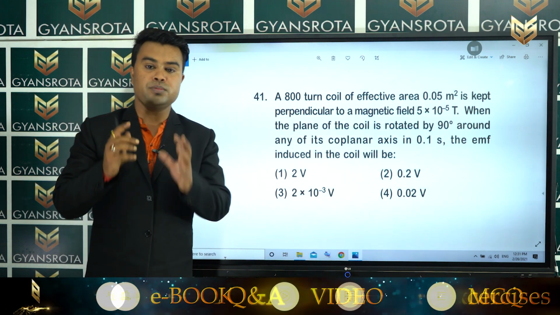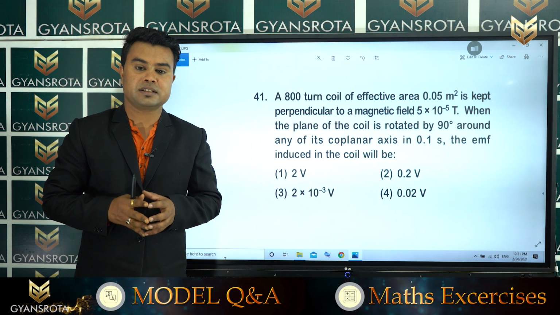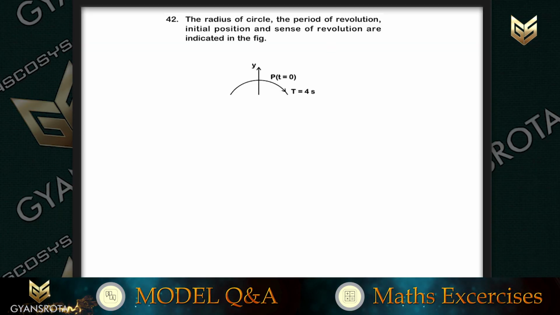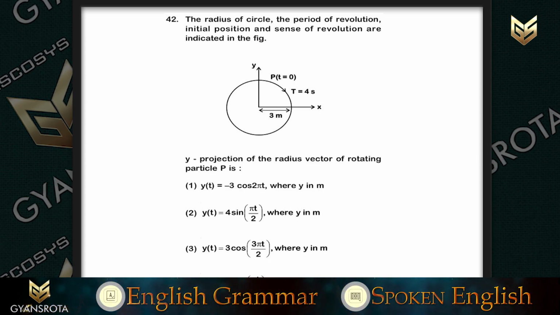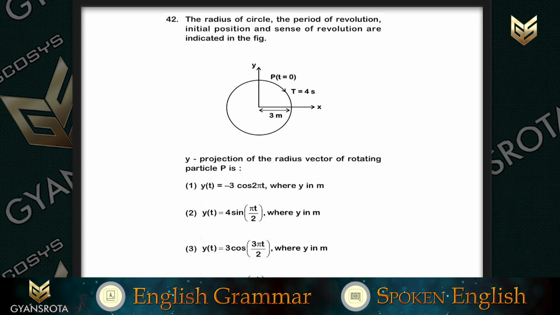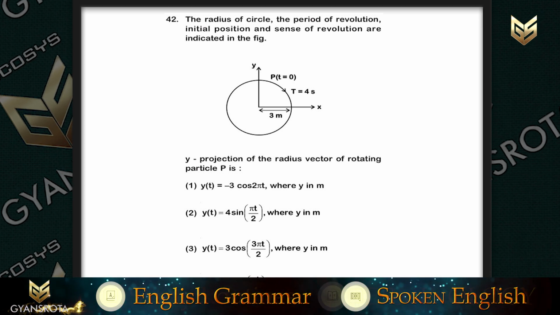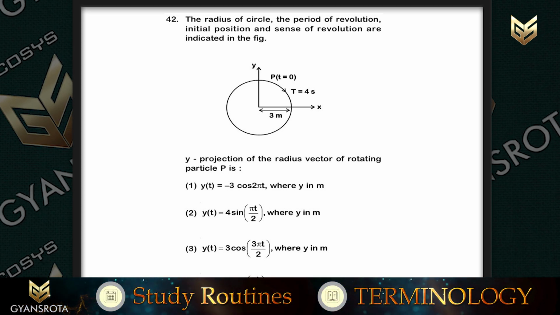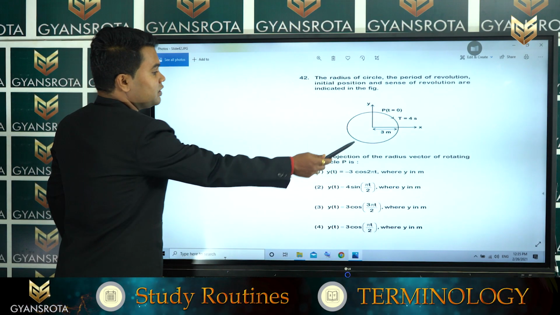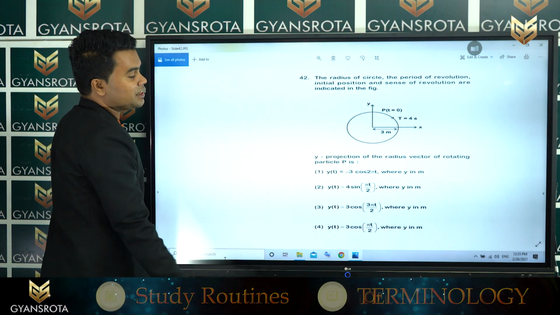Now let us move to the next question, that is question number 42. Question number 42 says that the radius of the circle, the period of revolution, initial position and sense of revolution are indicated in the figure. You need to see the figure very carefully. In the figure it is saying that 3 meter is the radius.